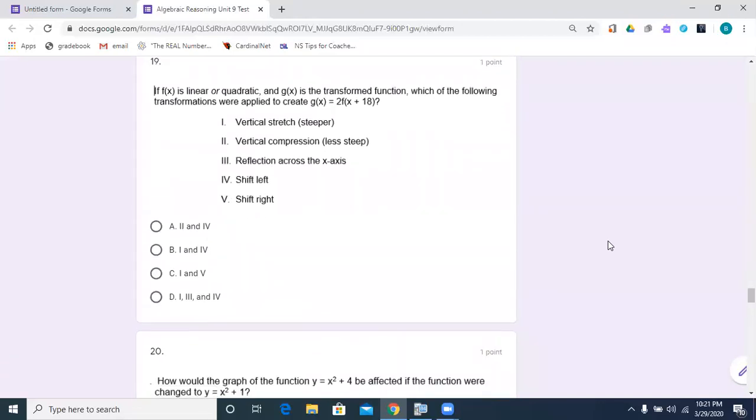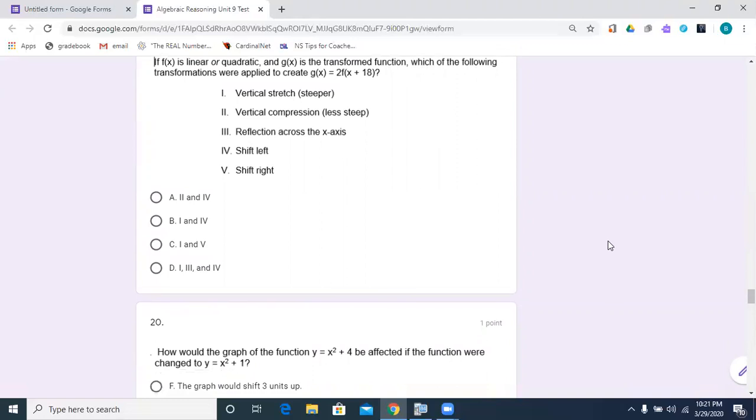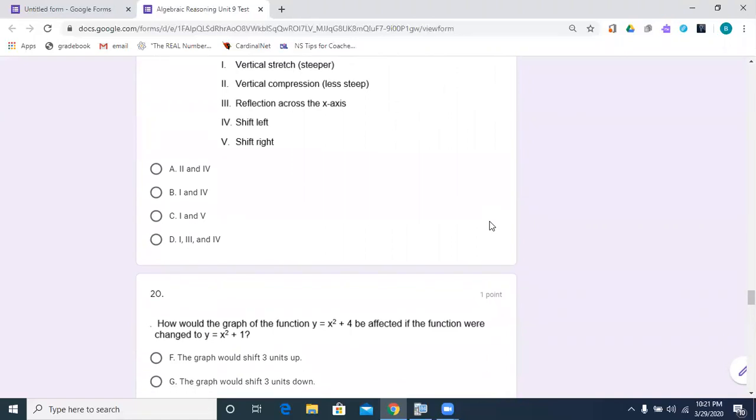Number 19, if f of x is linear or quadratic and g of x is the transformed function, which of the following transformations were applied to create g of x equals 2 times f of (x plus 18)? 1, vertical stretch or steeper. 2, vertical compression or less steep. 3, reflection across the x-axis. 4, shift left. 5, shift right.